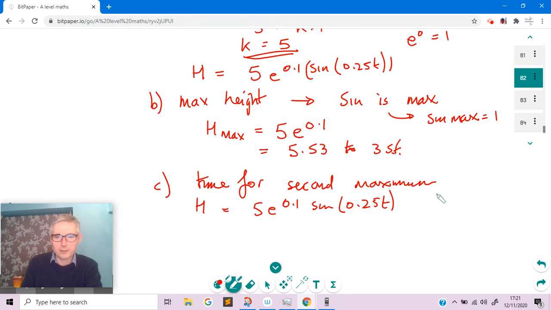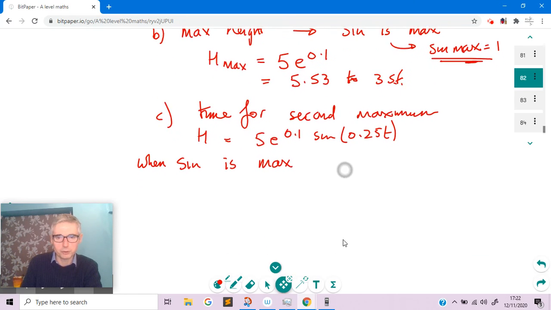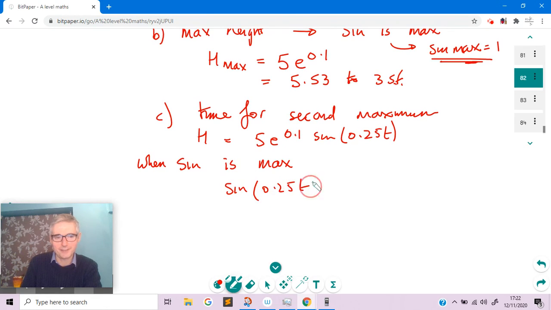Well, the second maximum value for this will be when sine is maximum. So it'll occur when sine is maximum. And so since the maximum value, as we said before, is 1, we're actually looking for sine of 0.25t has got to equal 1, because that's the maximum value that it can be.